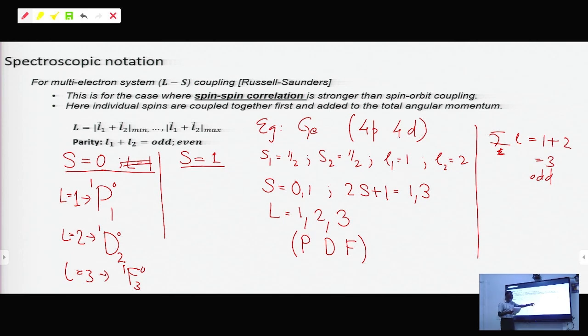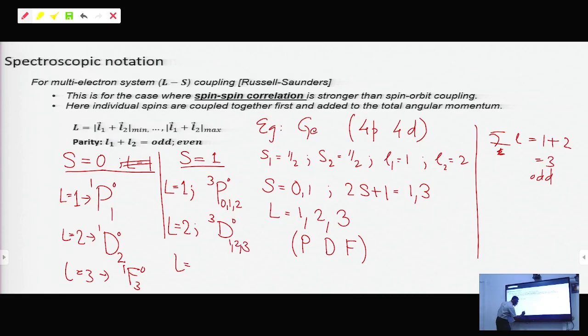For L equal to 1, J can be 0, 1, and 2, so 3P with J equal to 0, 1, 2. For L equal to 2, and S equal to 1, J runs from 1 to 3, so 1, 2, and 3.